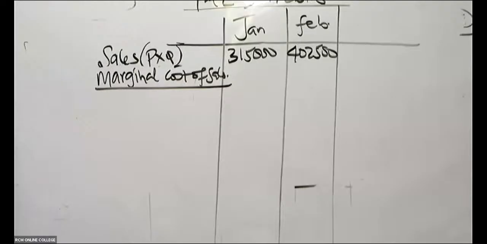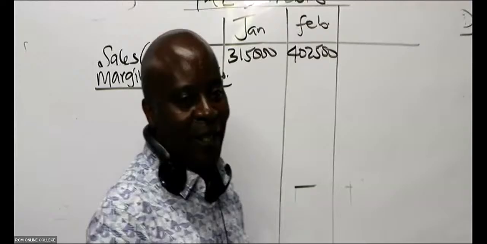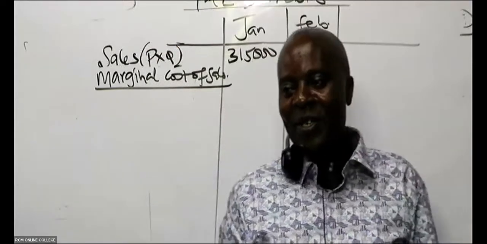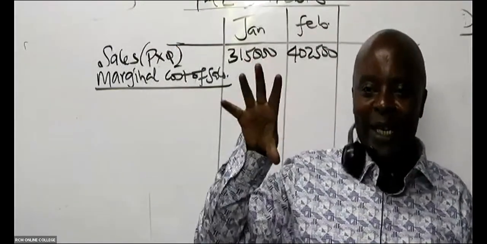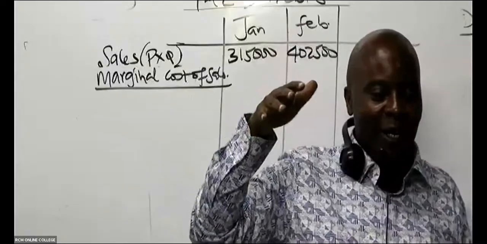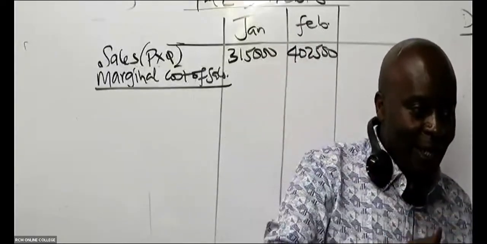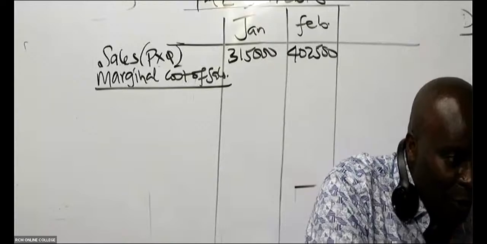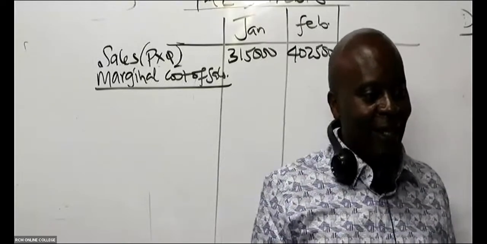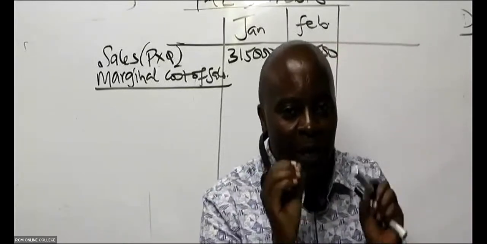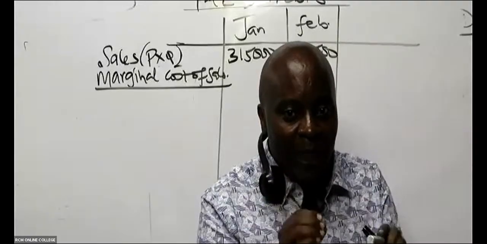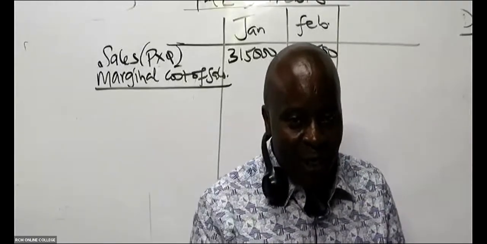Marginal cost of sales. So, ladies and gentlemen, how do we normally get cost of sales? Anytime we want to get cost of sales, we normally take opening stock plus purchases. Remember here, we are a producing organization. You're not purchasing. So we take opening inventory plus production minus what here, somebody?